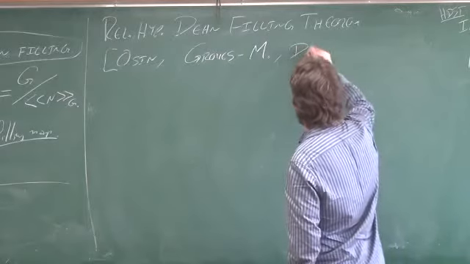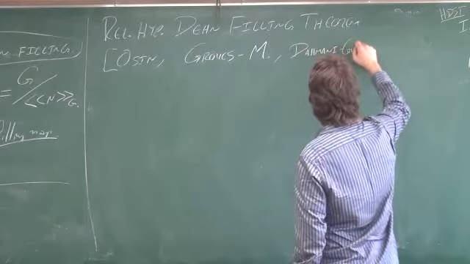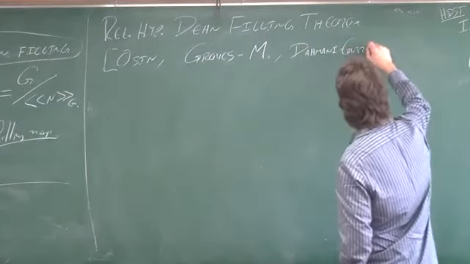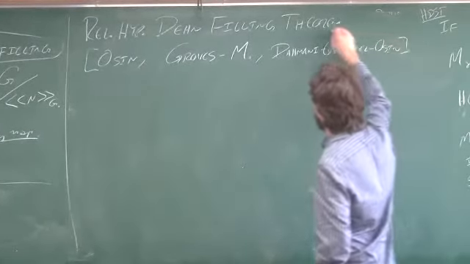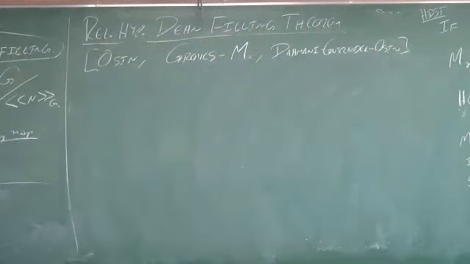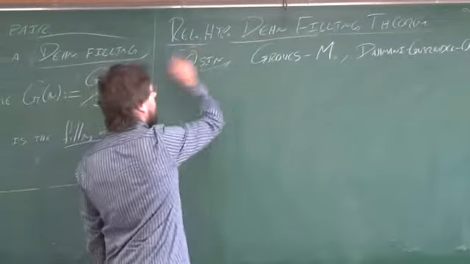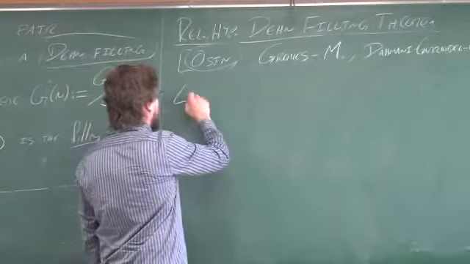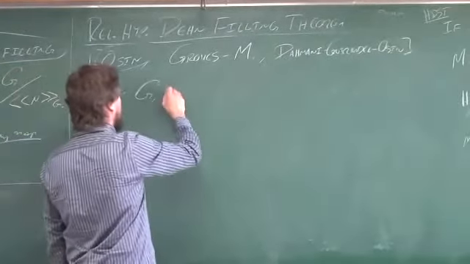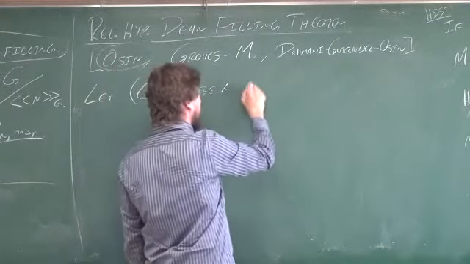And then there's a recent paper of Dahmani, Guirardel, and Osin giving a much more general theorem than the theorem I'm about to state. I think I will tell you in a little bit what that is, but let me focus on Osin's version of the relatively hyperbolic Dehn filling theorem right now. So we're going to let G, P be a relatively hyperbolic pair.